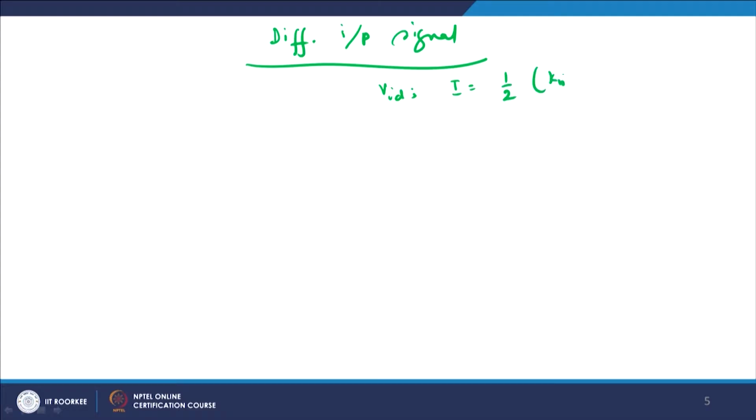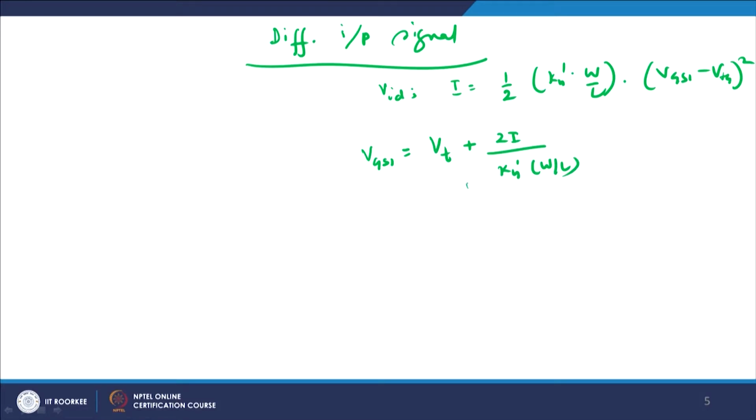So, I now put a differential input signal, which I refer to as VID, and therefore my current is equal to 1 by 2 Kn prime into W by L into (VGS1 minus VTH) whole square, assuming it to be in the active region, and similarly, therefore, VGS1 is equal to VT plus root over 2I by Kn prime into W by L. This is equal to VGS1, right.